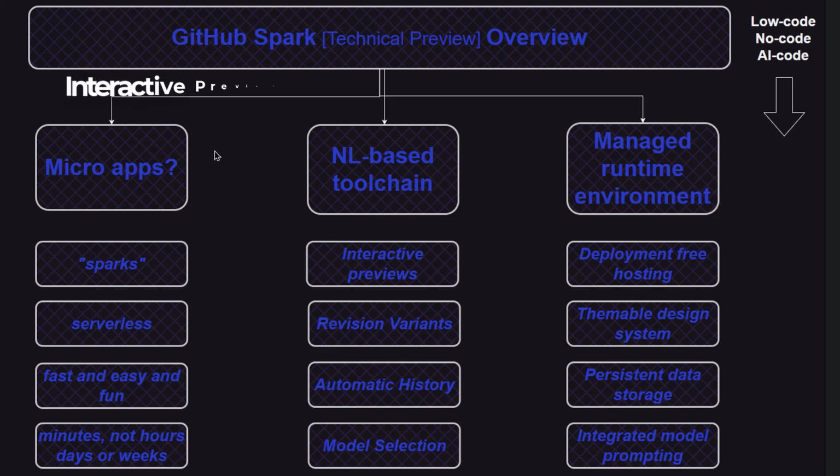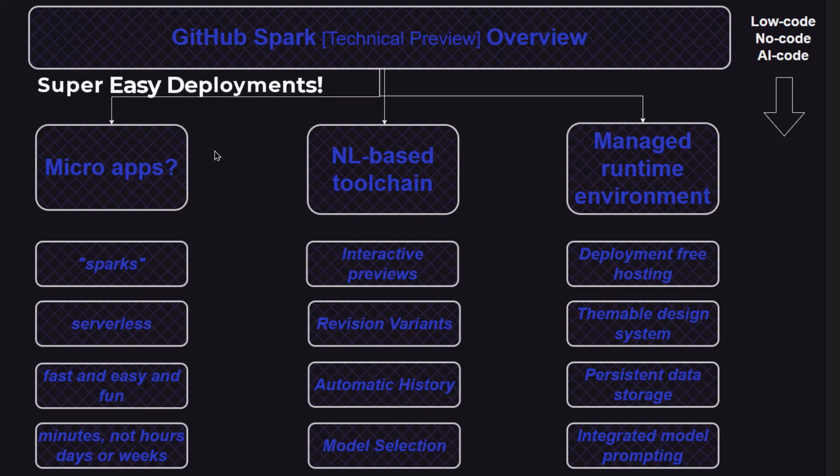There are interactive previews and revision variants, so you can go back and look at your previous versions of your code or system, an automatic history, and a model selection. There are a bunch of different models that you can select from when you're prompting the AI. And then the managed runtime environment, which I think is important also.